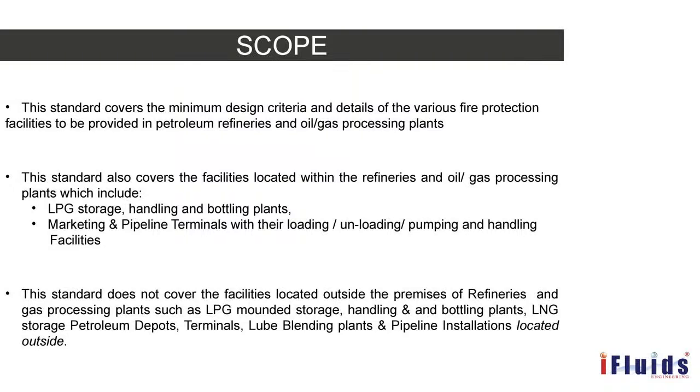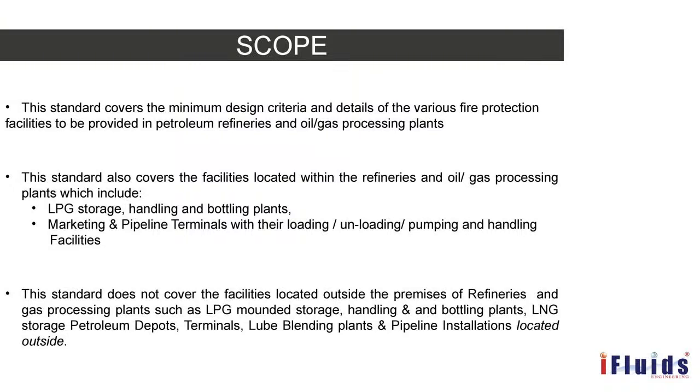What is included in this particular scope and what is not is covered in the third point. The standard does not cover facilities located outside the plant, very far away from the plant, like LPG mounded storage bullets, LPG bottling plants, LPG handling areas, LNG storage depot terminals, and lube oil blending plants.